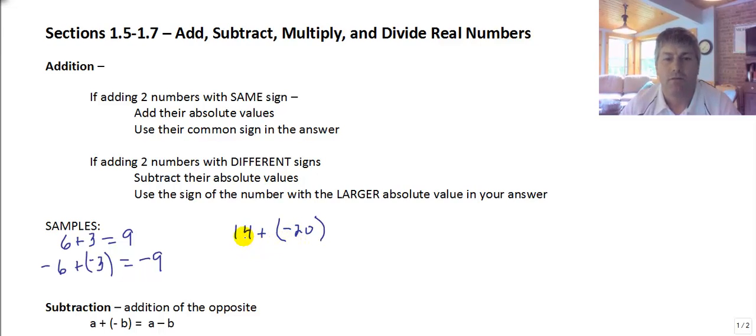Well, 14 and 20, hopefully we know they're 6 apart, and we subtract their absolute values, and then we use the sign of the larger number in our answer. So this is going to be 14 minus 20, which is negative 6.